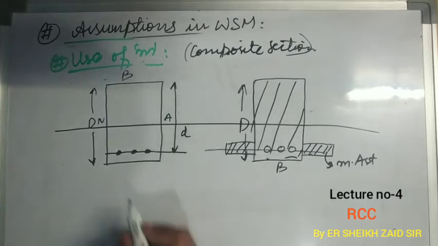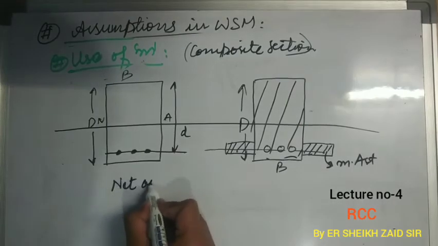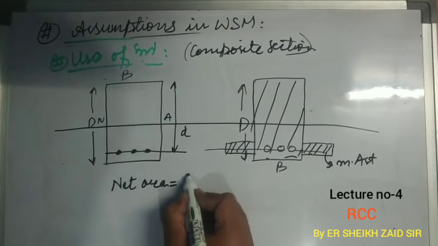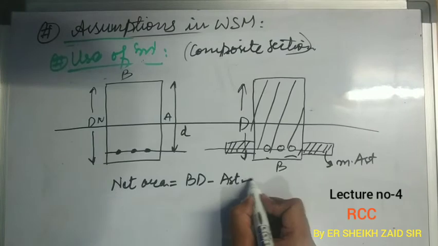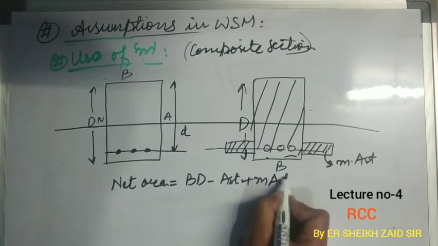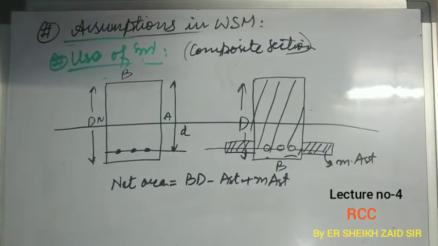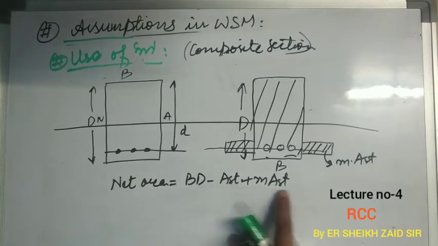So in this case our net area will be BD minus AST plus M times AST. Because in case of an uncracked section, we are considering concrete on the tension side. So why are we negating this AST?